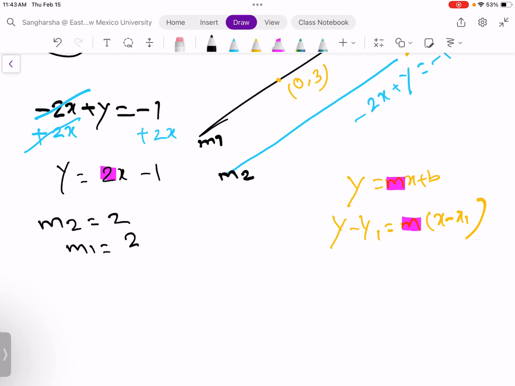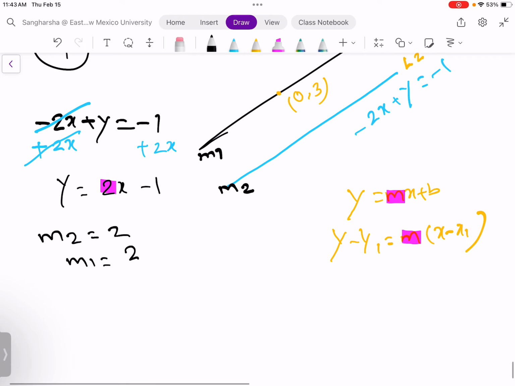So we have the slope, and we have a point. Now which option should we use here, the first or the second? Yes, we can use the first one. What is the reason for that? Yes, (0, 3) is the y-intercept, right? So we know what b is here. b is 3, and m is 2.